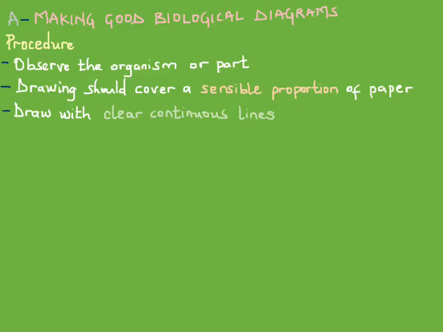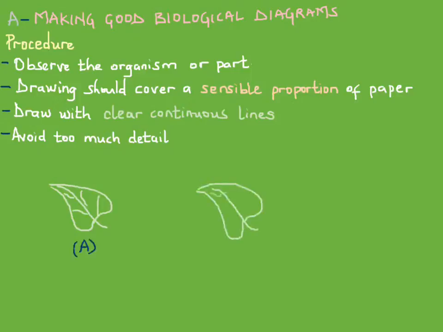Another thing to remember when making a good biological diagram is to avoid too much detail. Where detail is to be included, this should be drawn properly. For example, imagine you were asked to draw the diagram of a simple compound leaf.